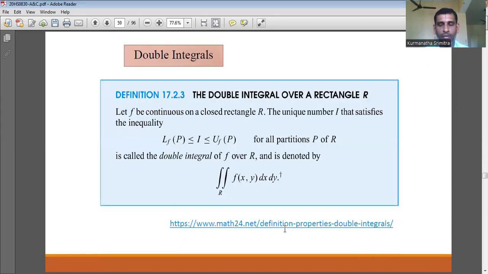Next, multiple integration. The first type of multiple integral is double integration.